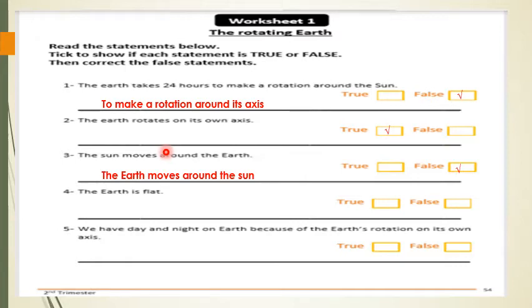Number 4 says the Earth is flat. I think it's very obvious that the Earth is not flat. So this is a false statement, and the correction is that the Earth is roughly a sphere. Number 5, we have day and night on Earth because of the Earth's rotation on its own axis. Yes, every 24 hours. So this is a true statement.